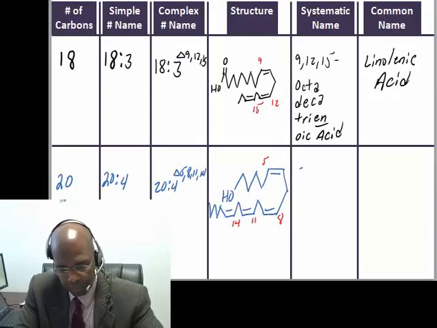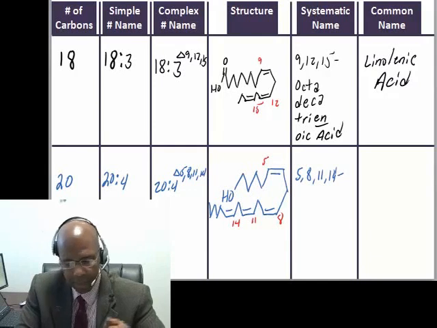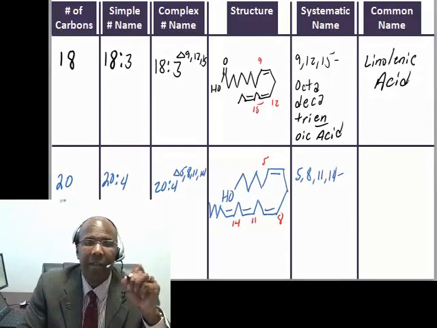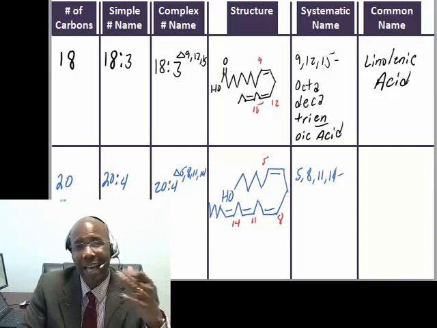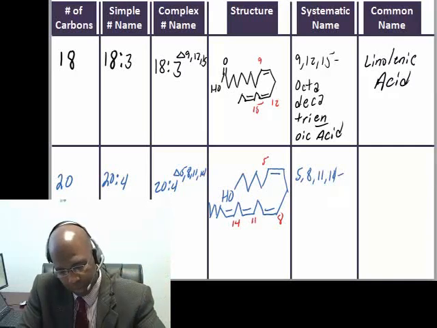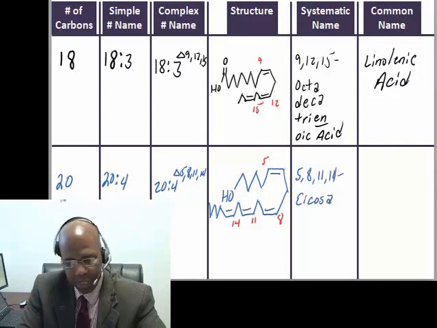It's going to be 5, 8, 11, 14, icosa, because that's 20.